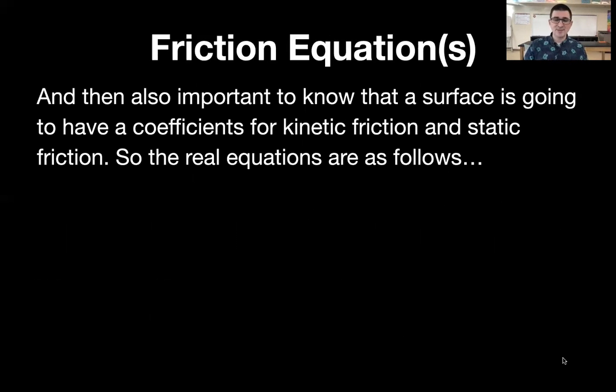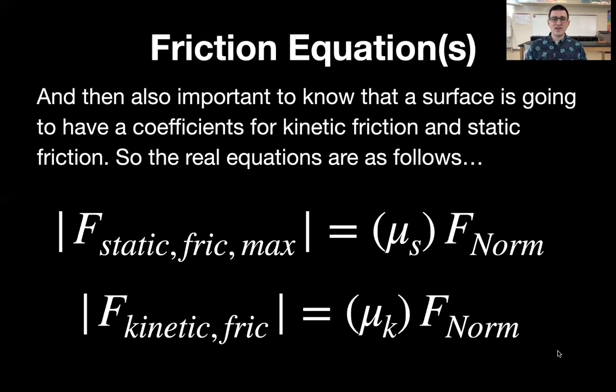Also, since there are two types of force friction, we have to know the two different equations for force friction. One of them is for static friction, which uses the coefficient of static friction, and one of them is for kinetic friction, which uses the coefficient of kinetic friction. Just as a note, the coefficient of kinetic friction is almost always less than the coefficient of static friction, because it's easier for an object to keep moving once it's already moving than to get past that breaking point where it's kind of stuck.